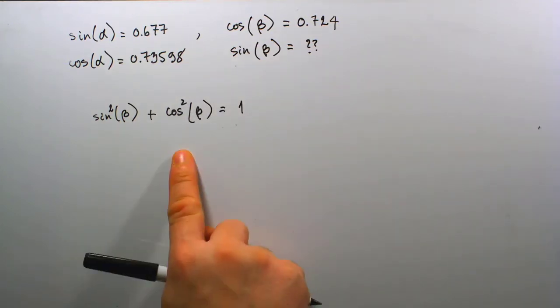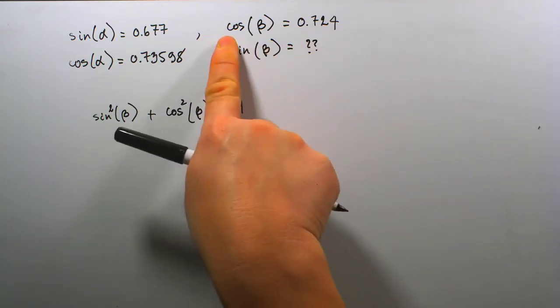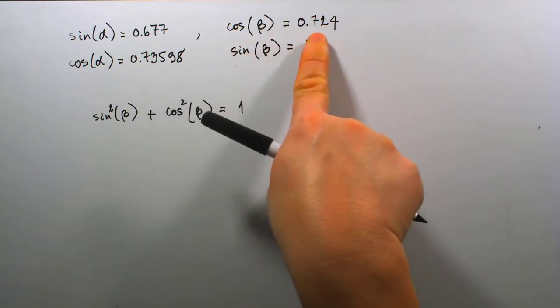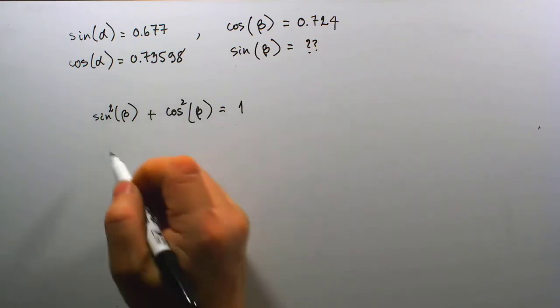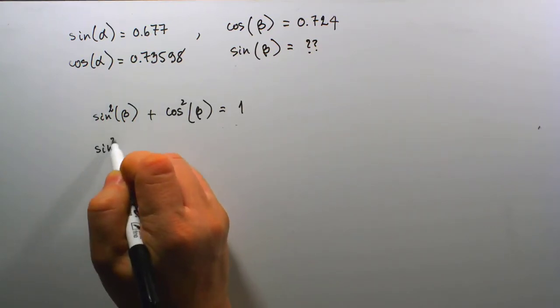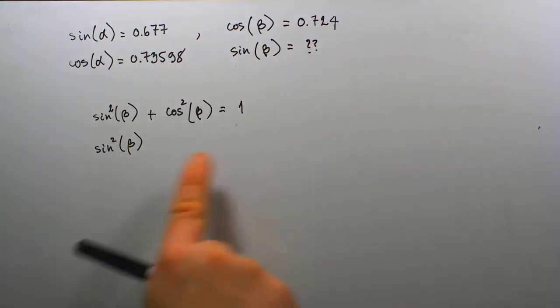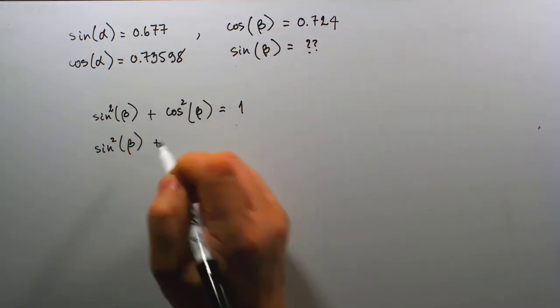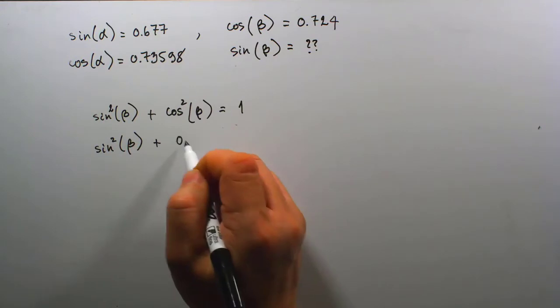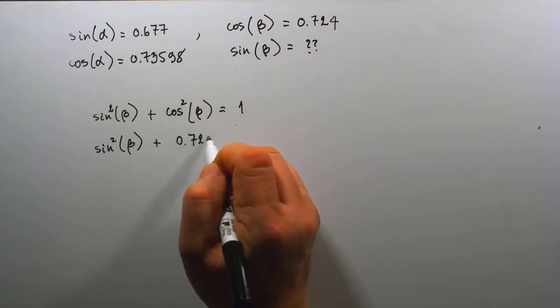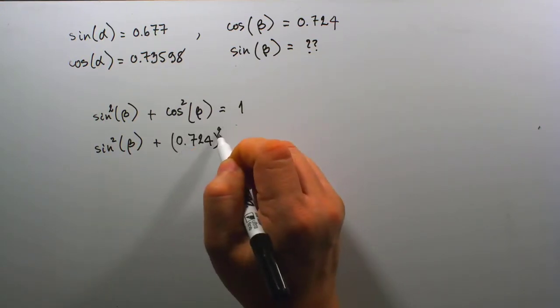In this case, we already had the value for cosine of beta to be 0.724. Now I have the right to substitute it in. So sine squared of beta remains the same in our equation, but for cosine squared of beta, I can write 0.724 all squared, equal to 1.